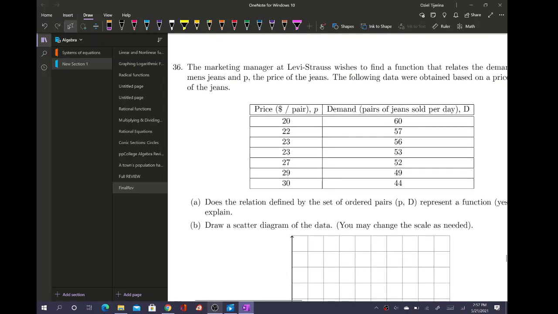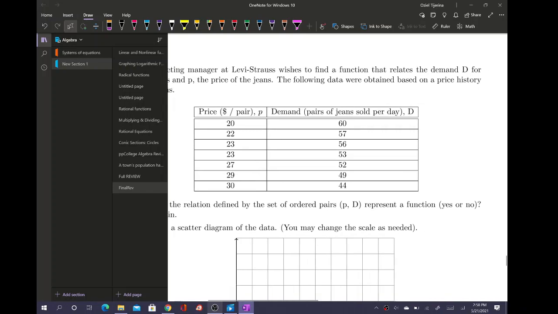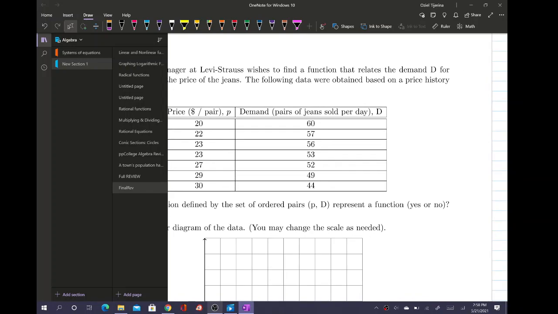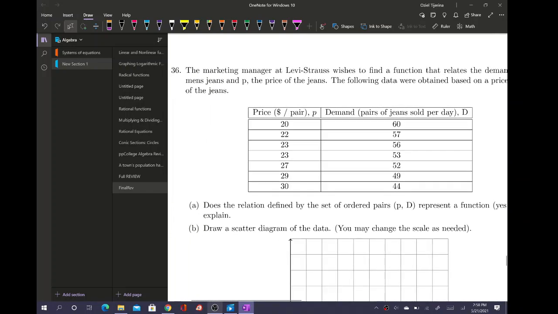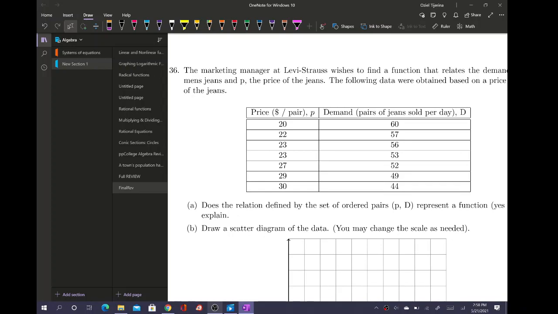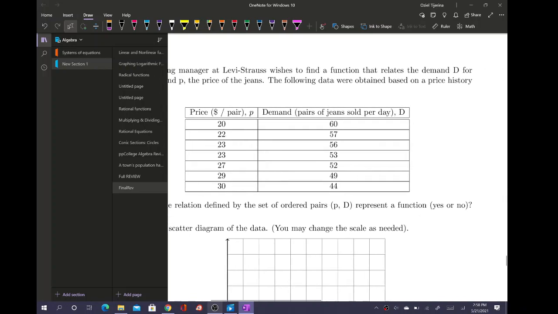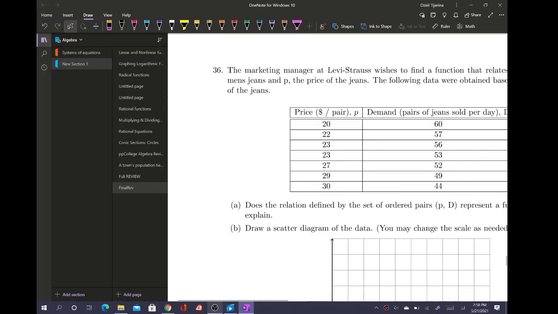It says the marketing manager at Levi Strauss wishes to find a function that relates the demand D for men's jeans and P the price of the jeans. The following data were obtained based on a price history of the jeans.